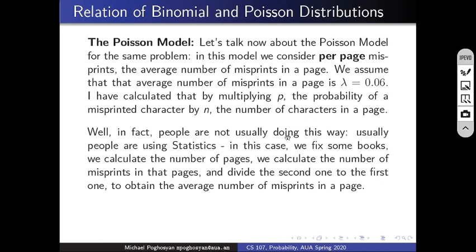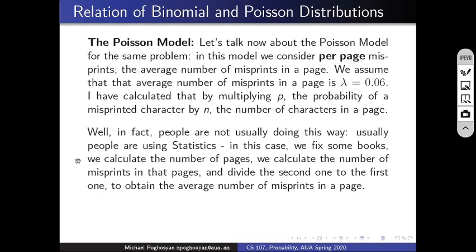In this case of misprinted characters, we fix some books of that publisher, we calculate the number of pages, we calculate the number of misprints in those pages, say 0 misprints in the first page, 2 misprints in the second page, etc. And we divide the number of misprinted characters by the number of total pages to find the average number of misprints in a page. So this is the general way of calculating that lambda.